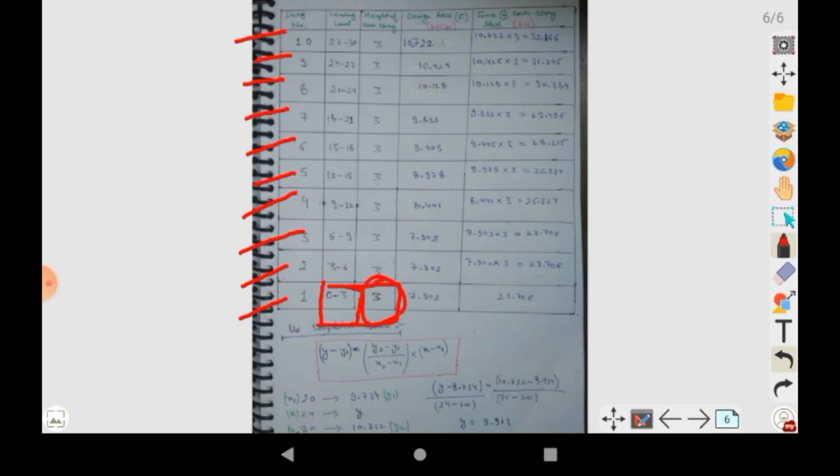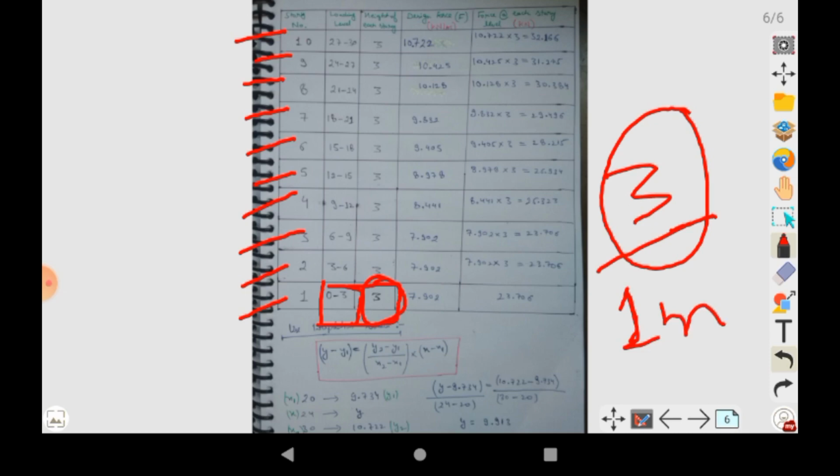So for the 3 meter, we are dividing this 3 meter height into heights of each meter. We are just going to calculate the value of force at each height of 1 meter.